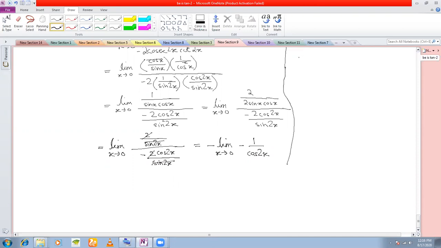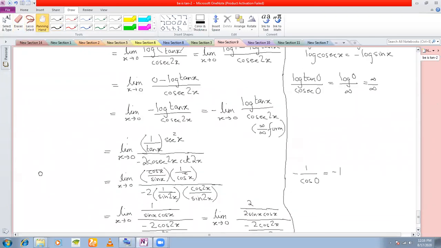Now let's check whether we've got a determinate form or not. So what form is this? Minus 1 by cos 0, isn't it? Minus 1. But this is a determinate form. So we have got a minus sign outside. I forgot to write a minus here. Is there a minus sign outside here also?